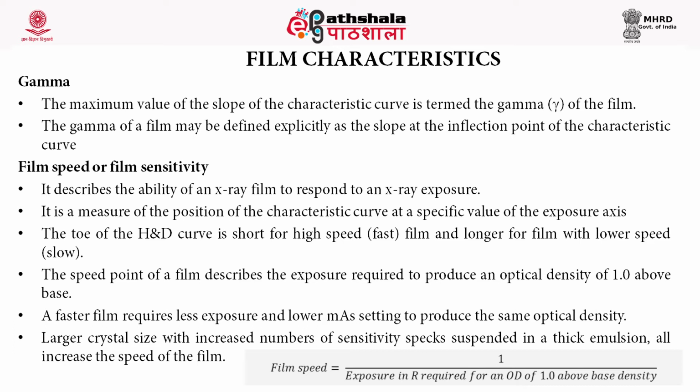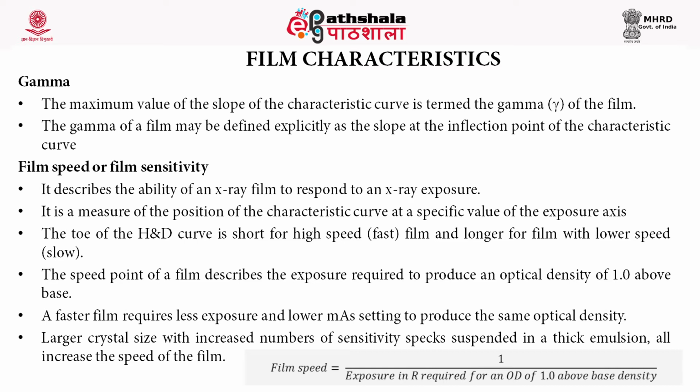The speed point of a film describes the exposure required to produce an optical density of 1 above base. A faster film requires less exposure and lower mAs setting to produce the same optical density. Larger crystal size with increased numbers of sensitivity specks suspended in a thick emulsion all increase the speed of the film.